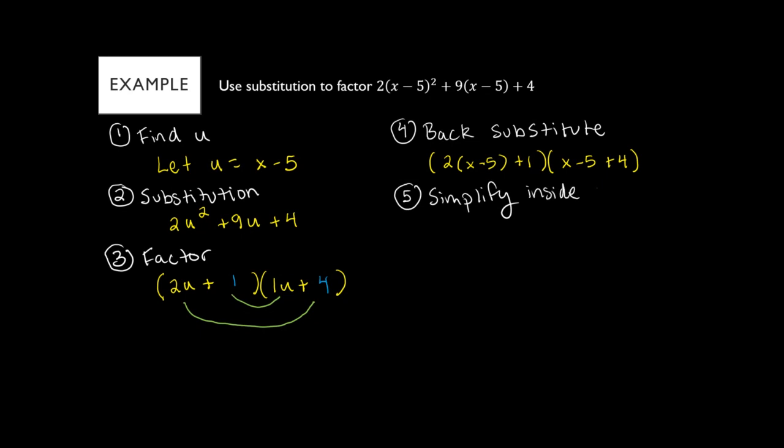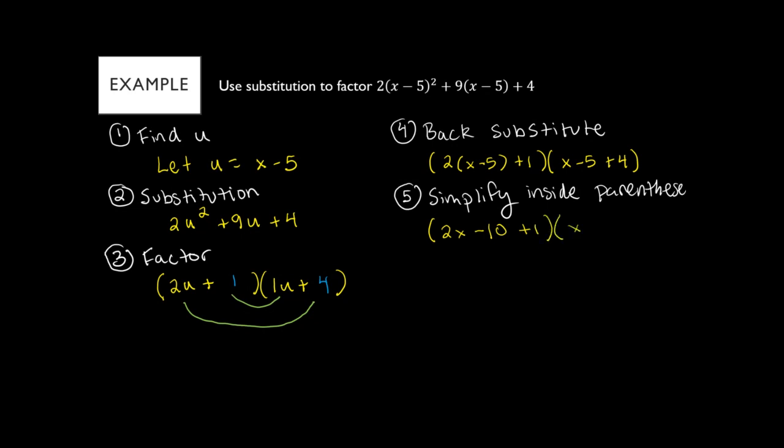And then we simplify inside the parentheses, but we don't multiply. So what that means is for the first set of parentheses, I have this 2, and then in parentheses x minus 5. So I have to distribute that first. So I'm going to have 2 times x, and then 2 times negative 5, which gives us a negative 10. And then I have this plus 1.